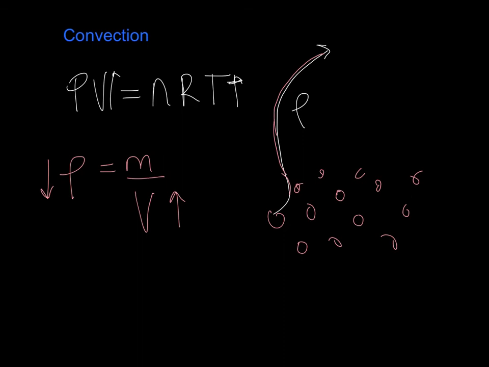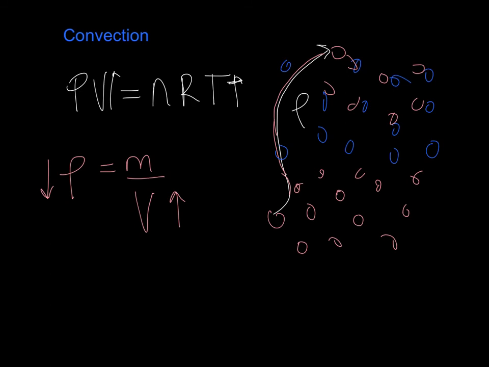Now, as they move throughout the rest of the system, they're transferring energy microscopically to what we would consider the colder molecules or the less fast-moving molecules. When they get to the top, because they bounce into these cold molecules, if you will, the ones that aren't moving so fast, they transfer momentum. When that happens, then they lose some of their energy.